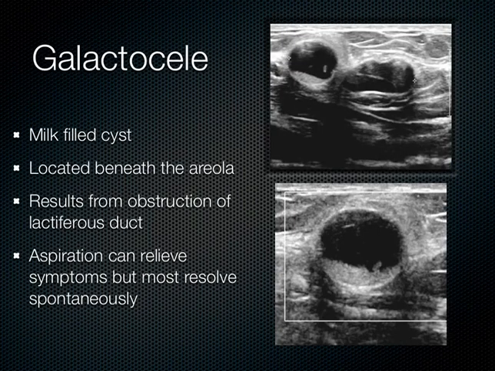Whereas a galactocele is also a cyst, but it's filled with milk, and it's usually right underneath the areola, and it occurs from an obstruction in one of the lactiferous ducts. Sometimes these can resolve spontaneously, but occasionally you need to aspirate them to relieve the symptoms from this obstructed duct.